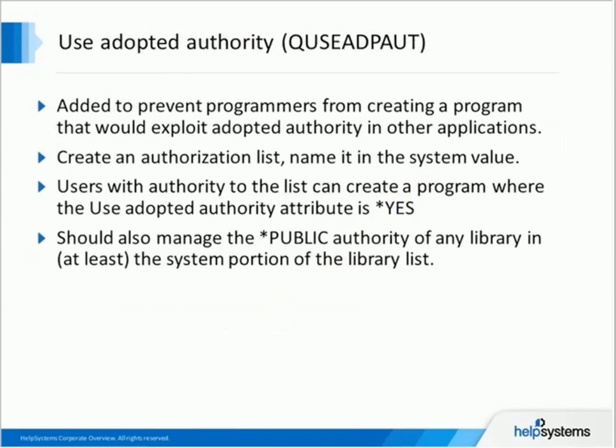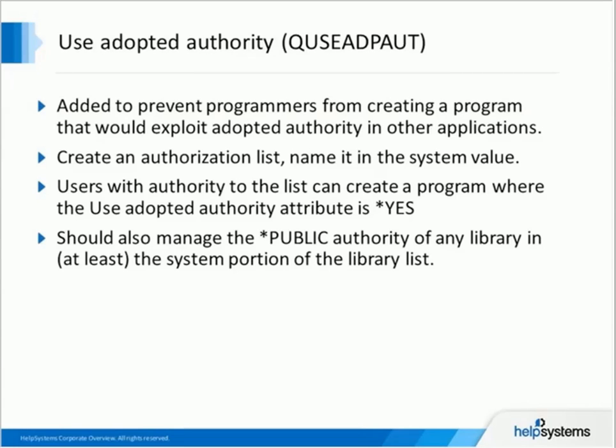Okay, then there's one called QUSEADPAUT, kind of a strange system value, but it controls the people that can compile a program that uses adopted authority. Not that adopts authority, but uses adopted authority. So remember, and again, adopted authority we'll talk about in more detail in the object level session, adopted authority is stack-based.